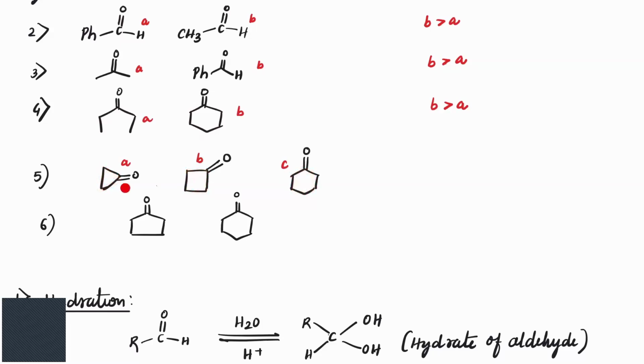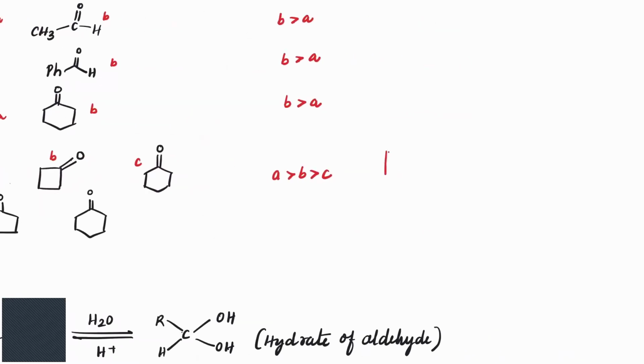If you compare these three rings here, you would notice that A is more reactive than B than C. Why is that so? Check out. In the three-membered ring, this carbon is sp2 hybridized, highly strained. And the minute you add a nucleophile here, that carbon would become O minus and Nu, which is sp3 hybridized. So there is a huge strain released here.